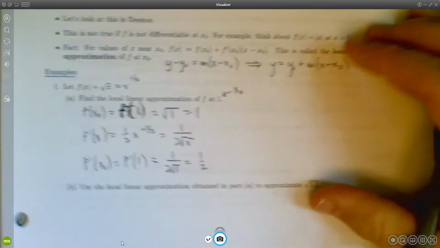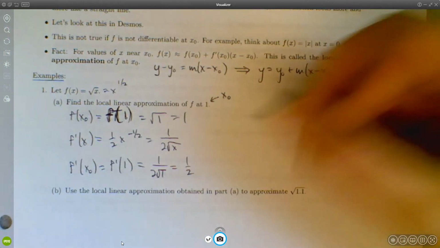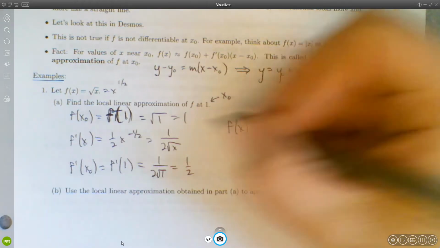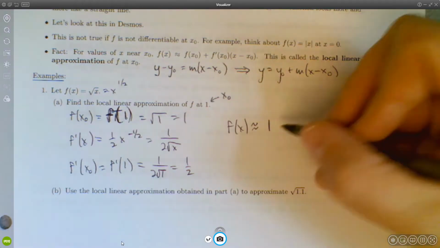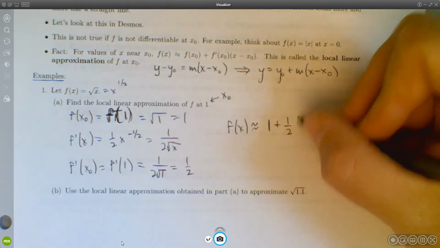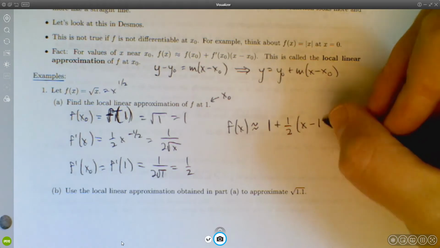Okay, so we're ready to plug that in now and say, okay, so f of x is approximately f of x naught, 1, plus f prime of x naught, 1/2, times x minus x naught, which is 1.